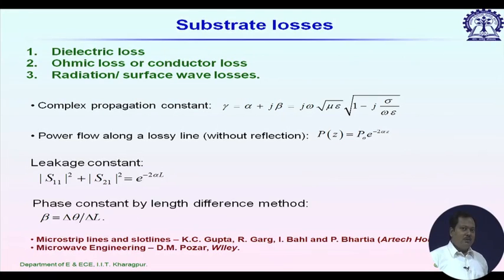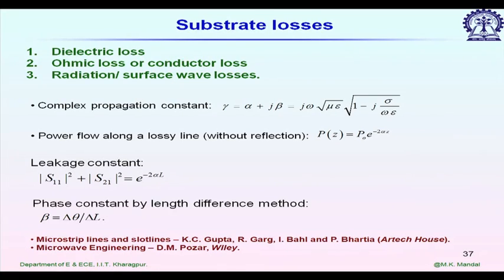We can't use the approximation of a lossless line. We have to consider both alpha and beta. Alpha represents the attenuation, and beta is the phase constant, which is approximately given by twice pi by lambda g. For any given medium, if we know the mu, epsilon and sigma values, then we can easily calculate the alpha value and beta value of that medium.